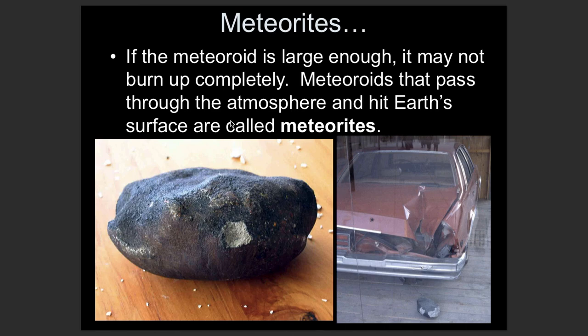So once the meteoroid becomes a meteor and passes through the atmosphere but doesn't dissolve, and it actually ends up hitting the surface as a smaller rock, these are known as meteorites, the ones that actually hit. There's a picture of one here that did some damage to a car. And this happens all the time, all right?